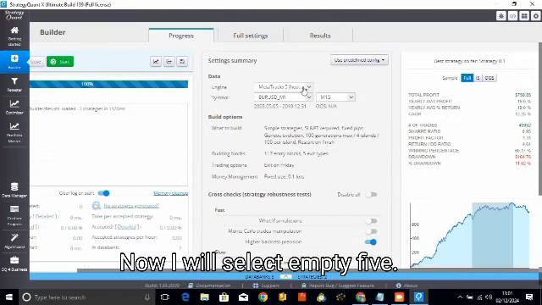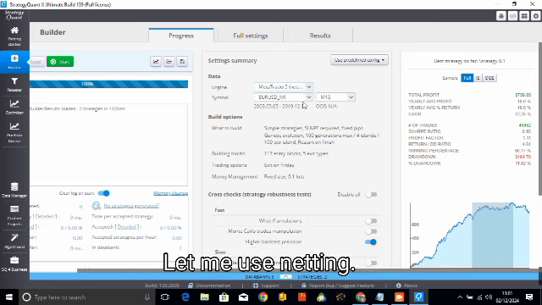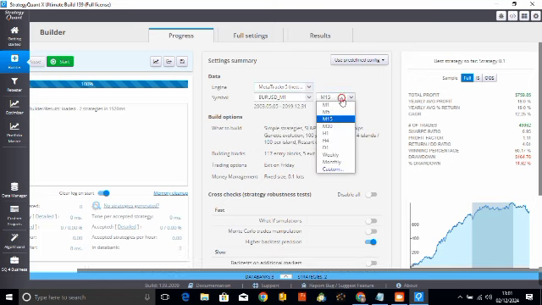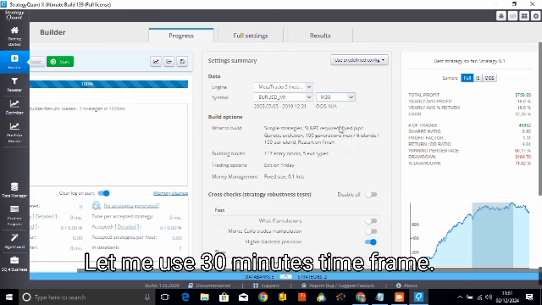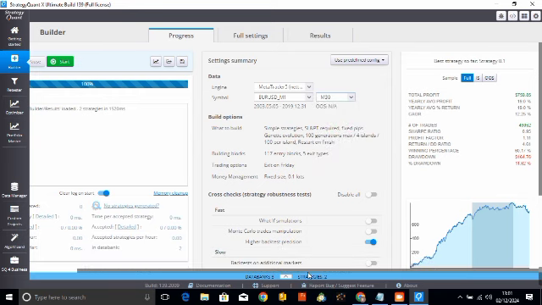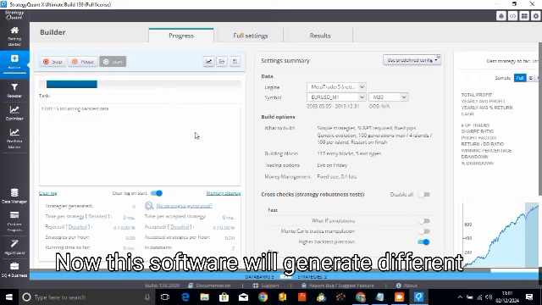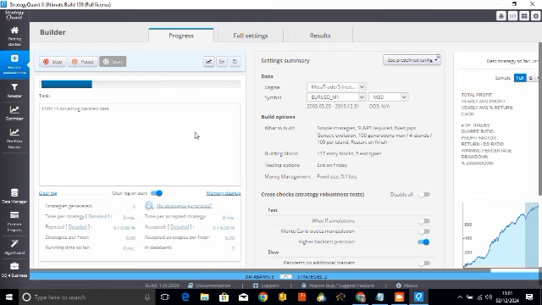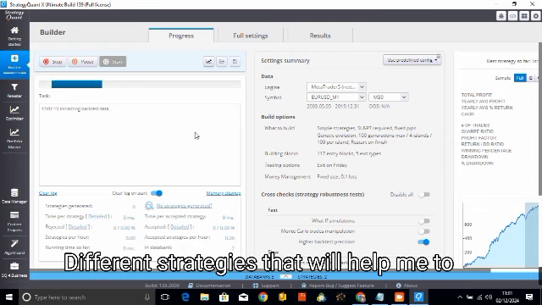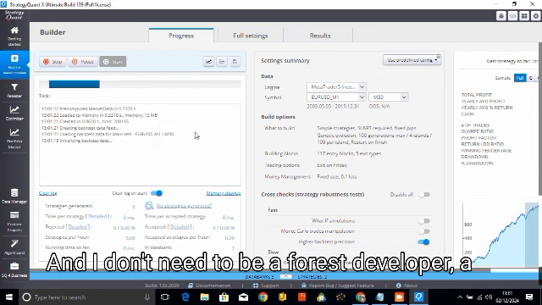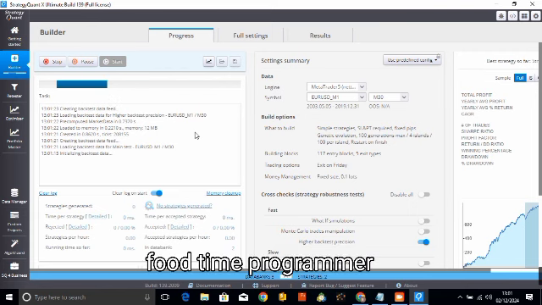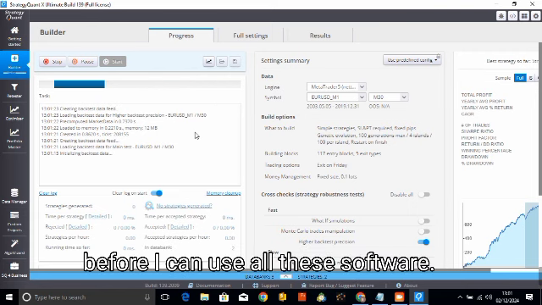Now, I will select MT5. Let me use netting. Let me use the 30 minutes time frame, EURUSD. Then I will click on start. Now this software will generate different strategies that will help me to trade, and I don't need to be a Forex developer or a full-time programmer before I can use all these softwares.